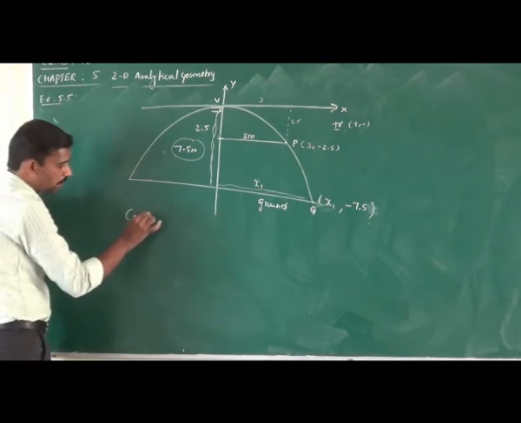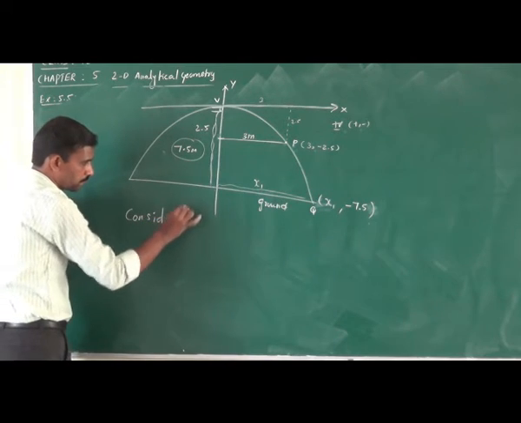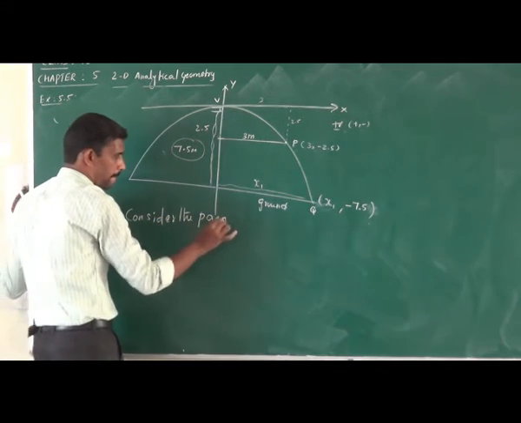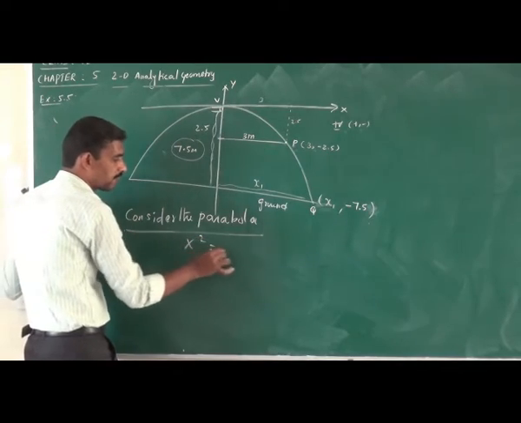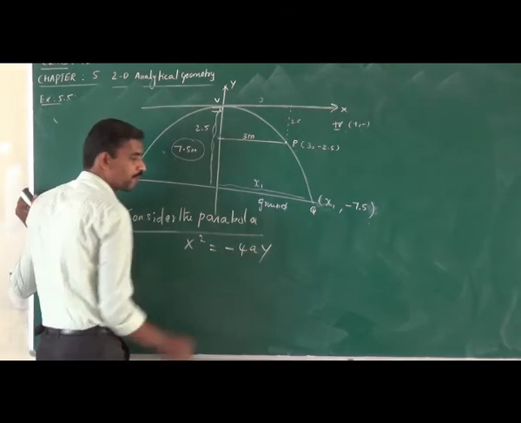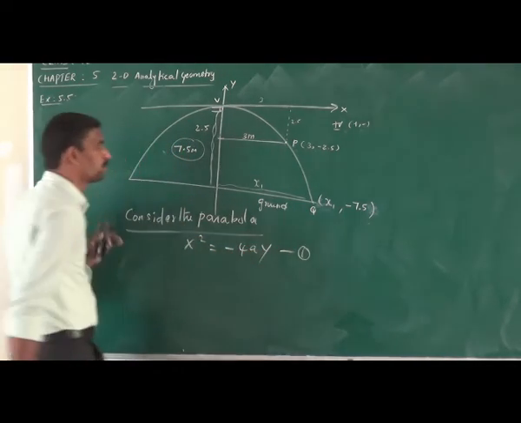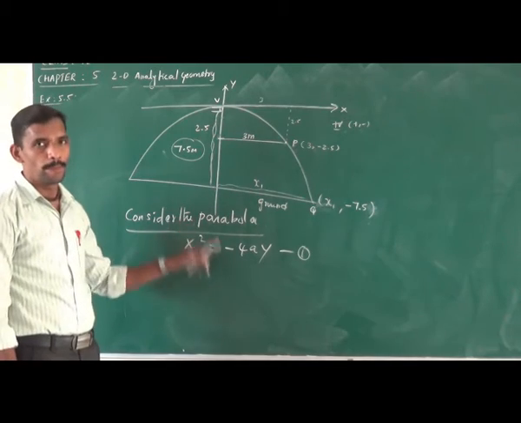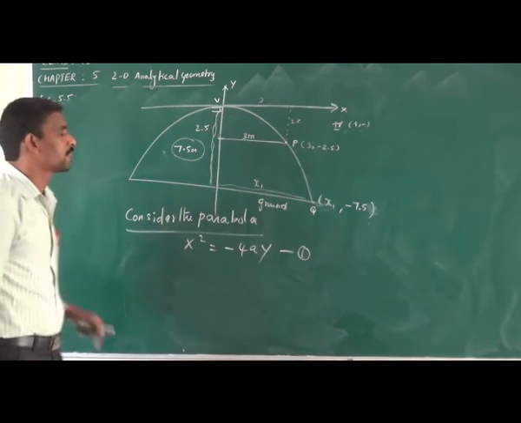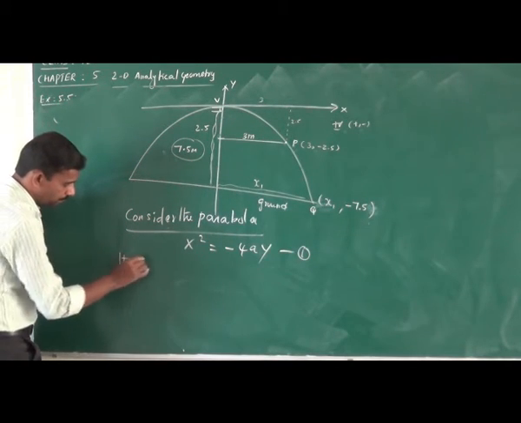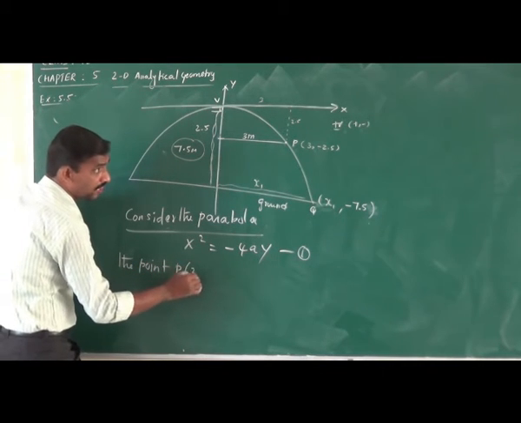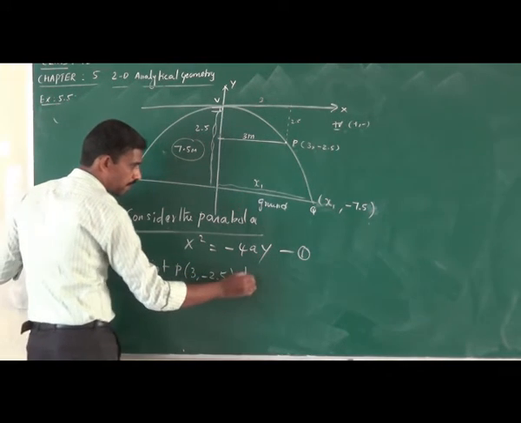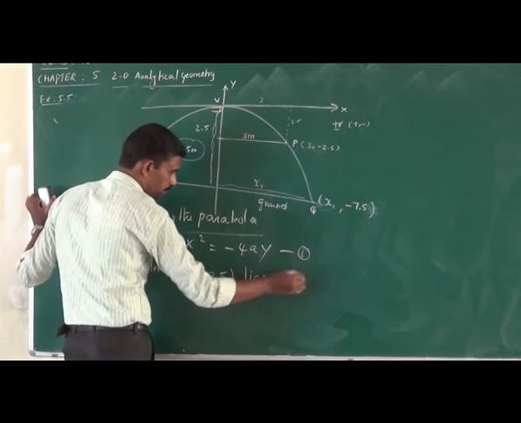Now consider the parabola x square is equal to minus 4ay. This is equation number 1, because the parabola opens downwards. The point P, 3 comma minus 2.5, lies on it.